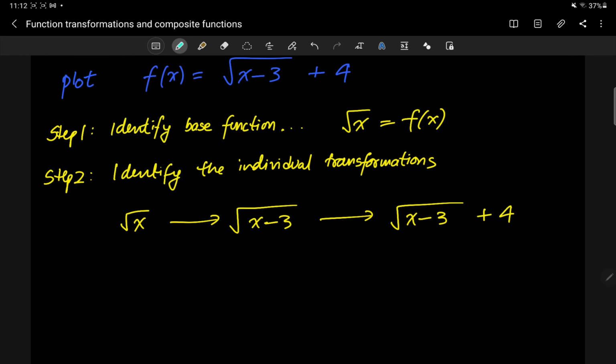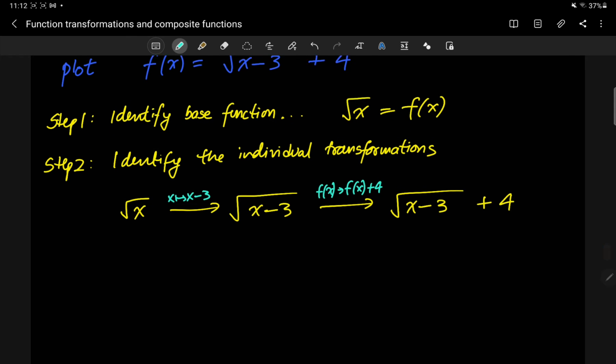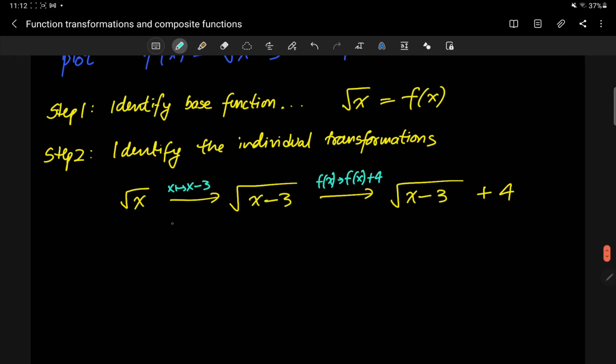For each of these, what is the transformation? Here you're changing x to x minus 3, and here you're changing f of x to f of x plus 4. So to describe in words, it's a shift to the right by 3, and this is a shift up by 4.